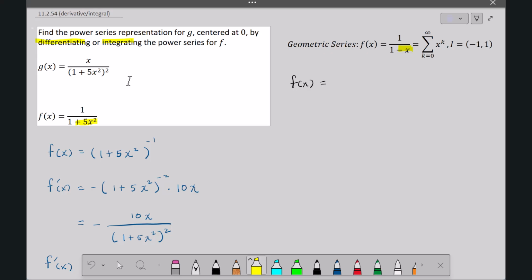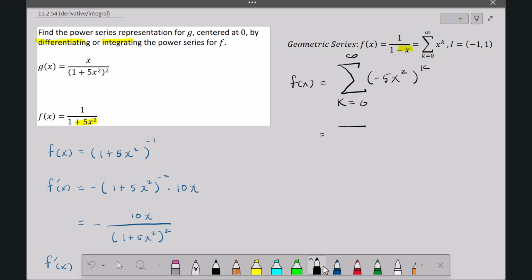So down here, the quantity that comes after the minus sign, 1 minus a quantity, that quantity is -5x squared. So we're going to replace x with -5x squared. So this will be the power series for F.